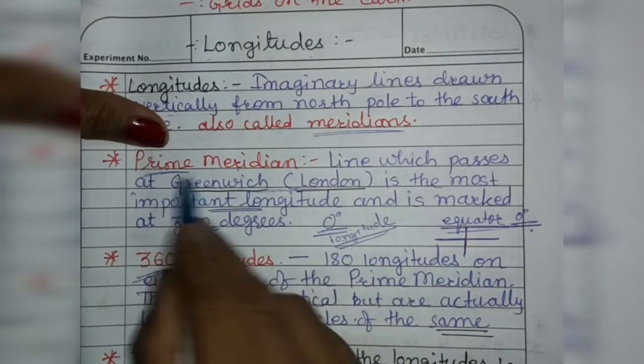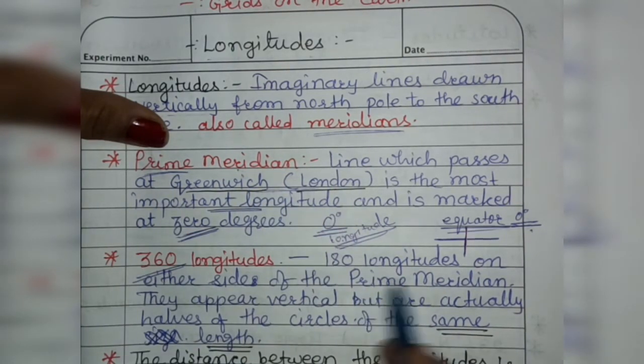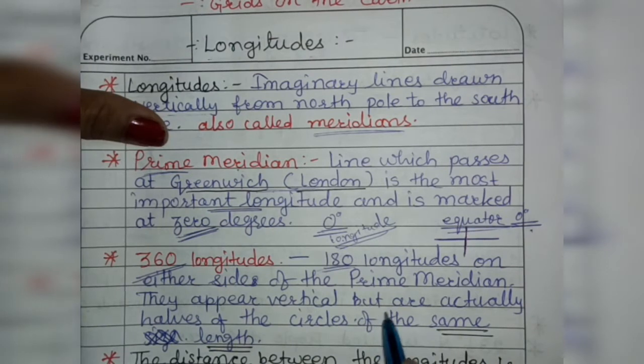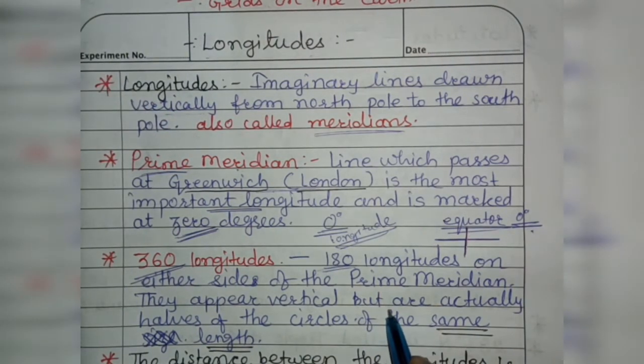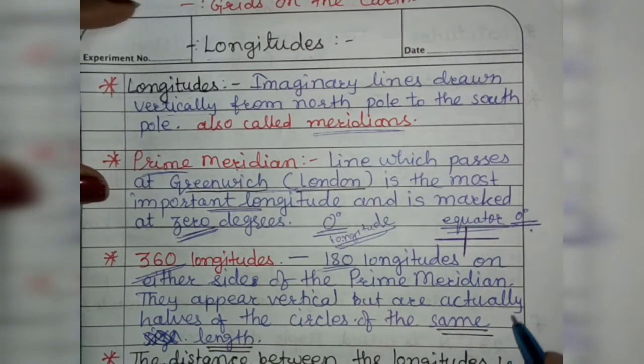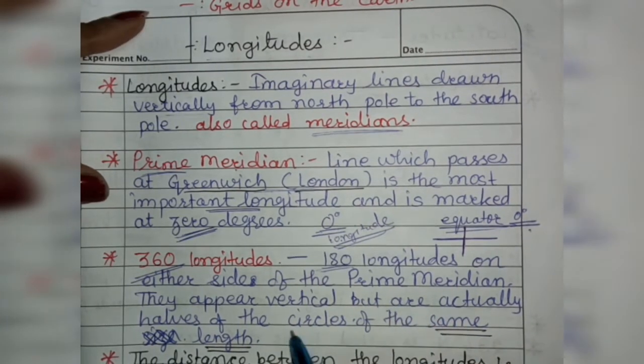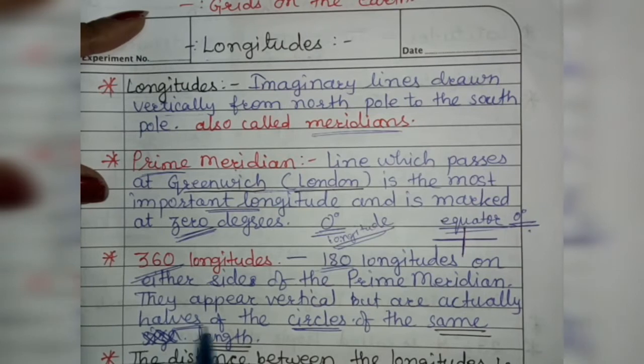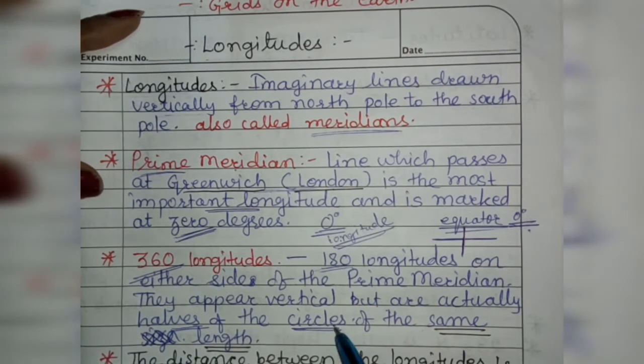They appear vertical when we see them on the globe or on the map, but they are actually halves of circles of the same length.